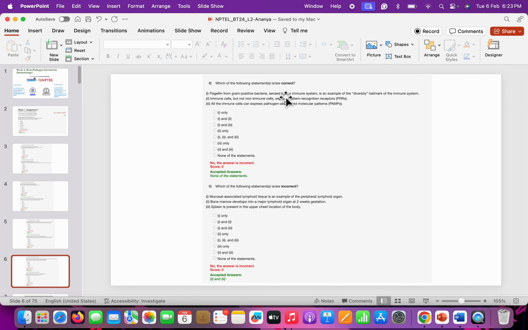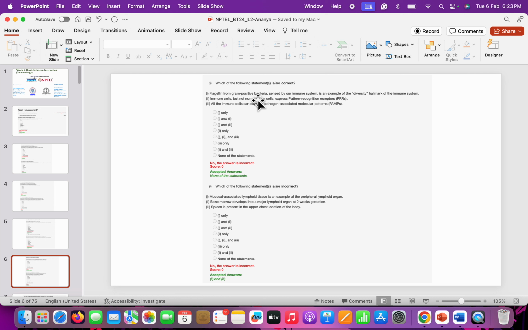Which of the following statements are correct? Flagellin from gram-positive bacteria sensed by our immune system is an example of the diversity hallmark of the immune system. Immune cells, but not non-immune cells, express pattern recognition receptors. All the immune cells can express pathogen-associated molecular patterns. Okay, which options are correct?